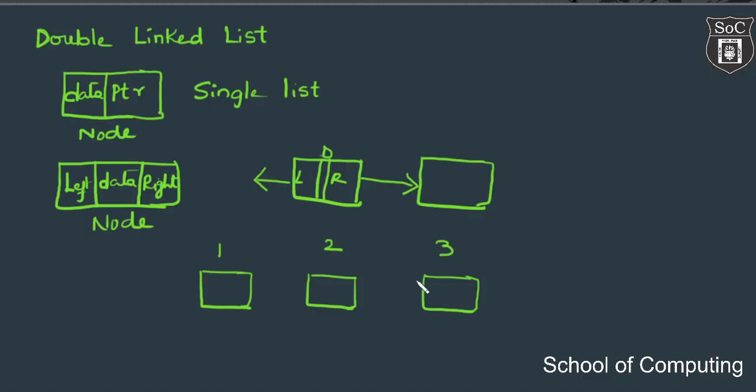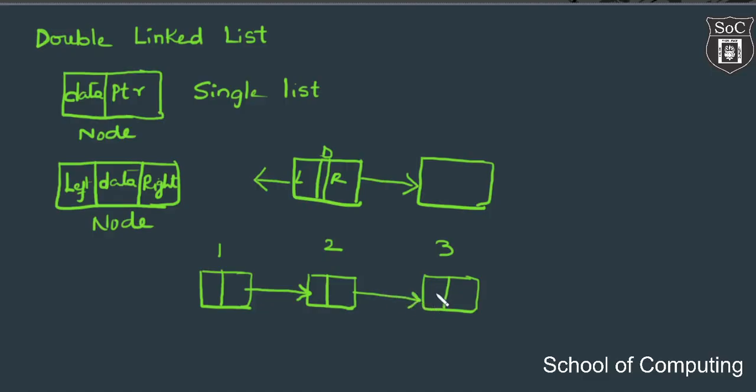Whether it is a double linked list or a single linked list, it can be anything. For example, let us say it is a single linked list. So this pointer is pointing to the second node, and the second node is pointing to the third node.